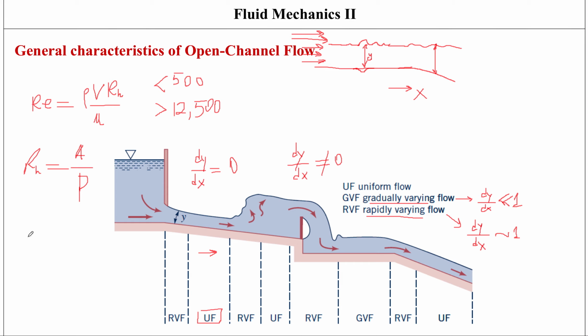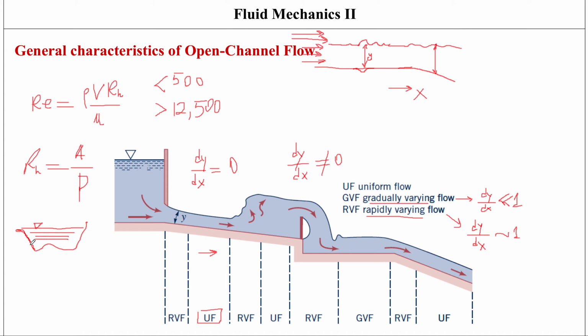So if you've got, let's say, a fluid flowing on top of this, and then you've got your free surface here, the wetted perimeter is going to be just the part in contact with the fluid.